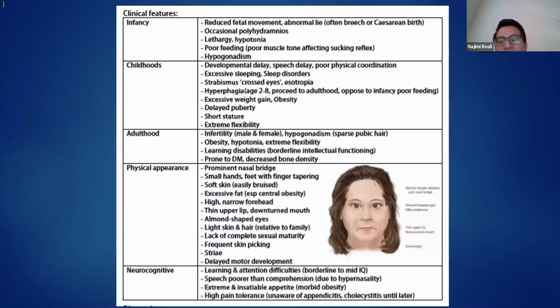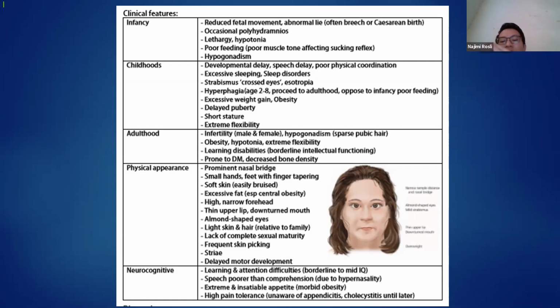The affected infants are so hypotonic that they cannot consume enough calories to maintain their weight, thus making nasogastric feeding necessary, and failure to thrive is common in these patients.